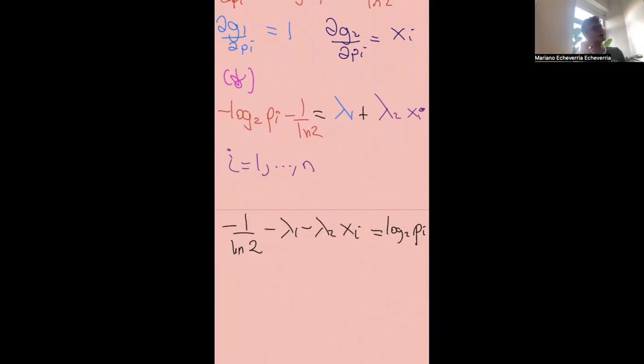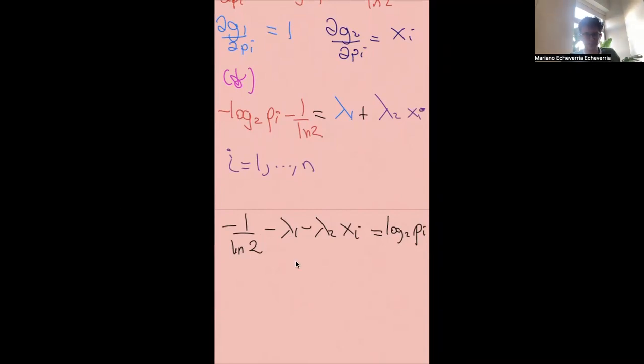It's nicer to look at the exponential function, the natural log. So there's this change of base, right? What is log base 2 of x?